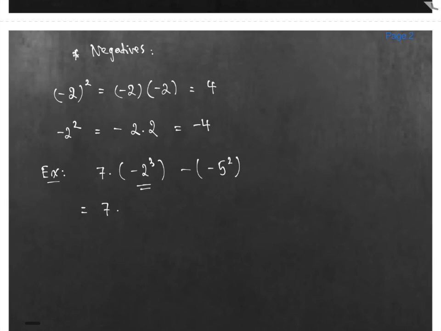This becomes 7 times negative 8. For -5², you have minus 25. So 7 times negative 8 is minus 56, and this is plus 25, so therefore the result is negative 31.